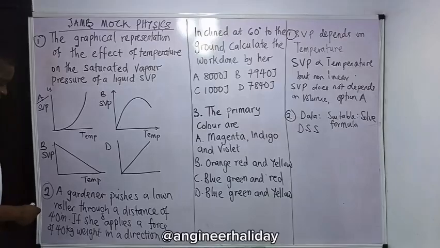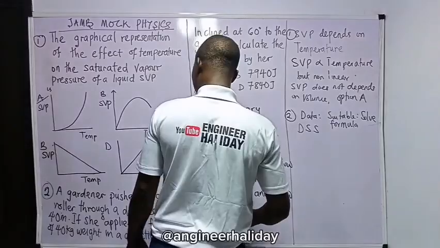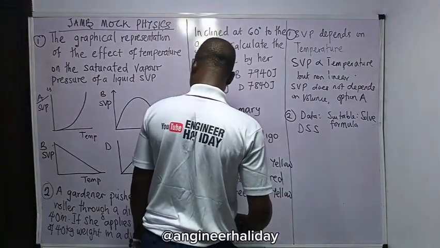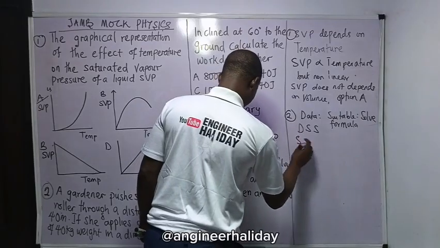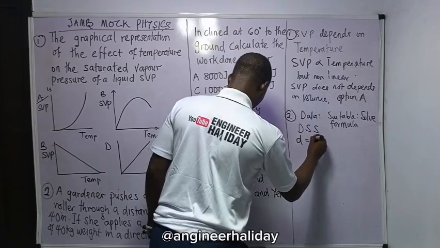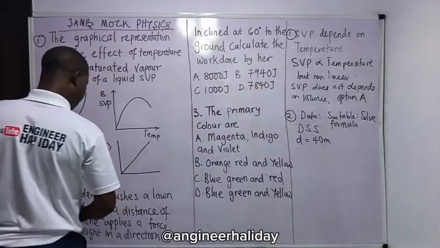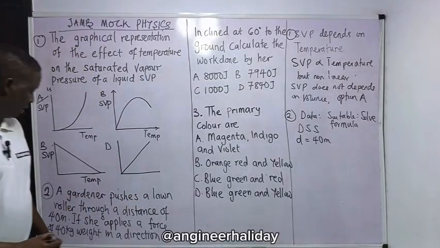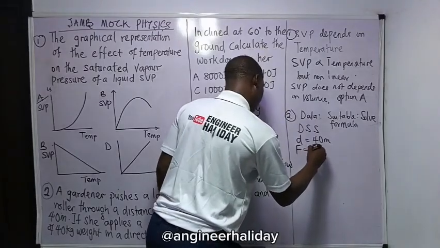Now what is the data? The gardener pushes the lawn roller through a distance D equal to 40 meters. If she applies a force of 40 kg, that is given as mass, so let's convert to force.